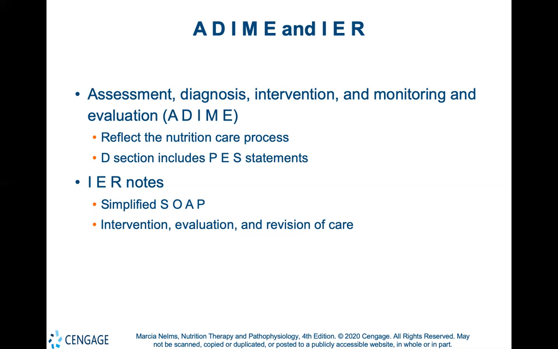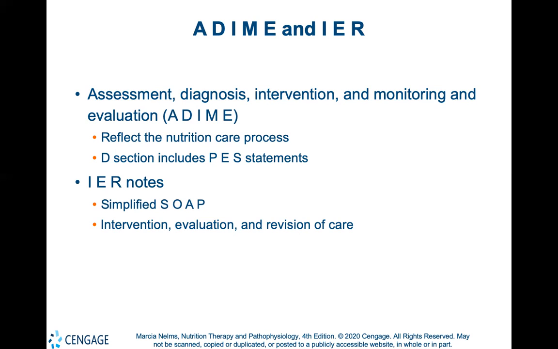The intervention section provides documentation of the specific treatment goal and expected outcomes, interventions, and response of the client. Finally, the monitoring and evaluation section records documentation of progress towards the goal set, factors that are facilitating or hampering progress, and any changes in the client's level of understanding or behavior and future plans for care.